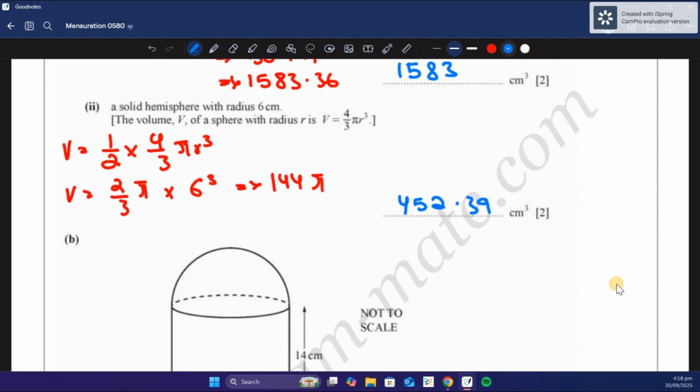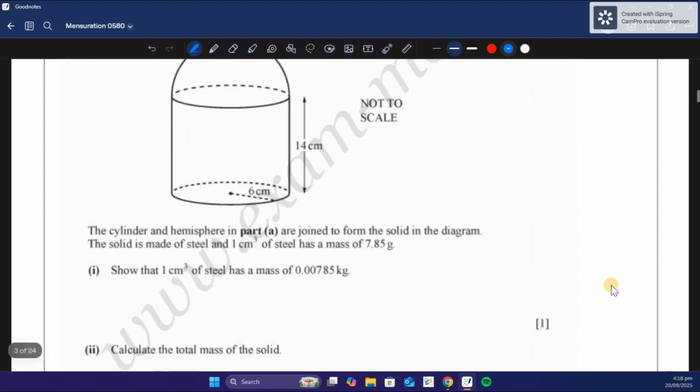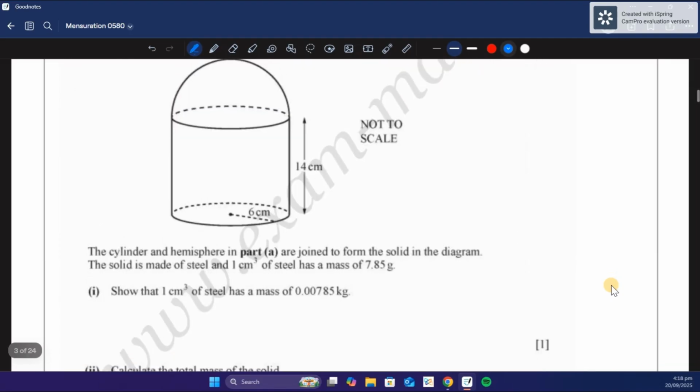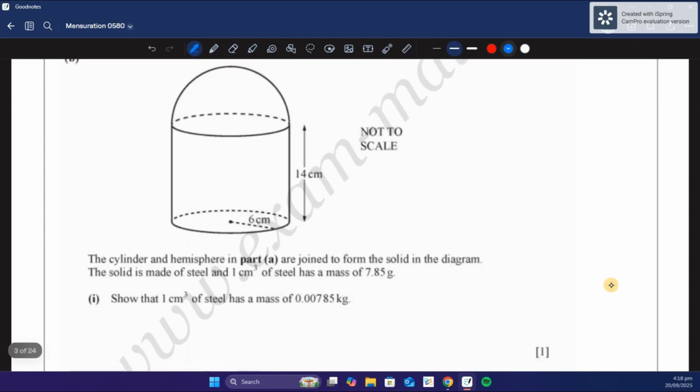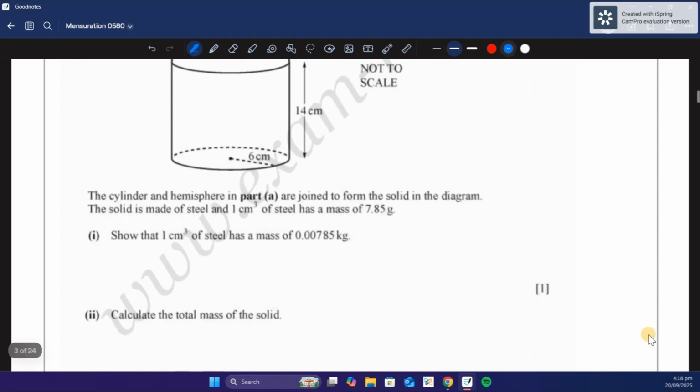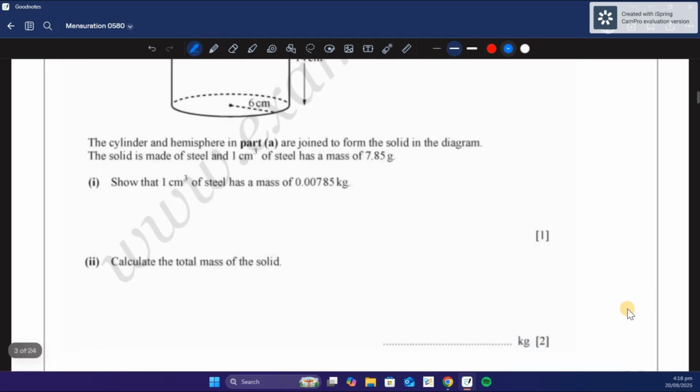Alright, perfect. Moving on. The cylinder and hemisphere in part A are joined to form a solid in the diagram. The solid is made of steel, and 1 cubic centimeter of steel has a mass of 7.85 grams. Show that 1 cubic centimeter of steel has a mass of 0.00785 kilograms. Pretty simple.